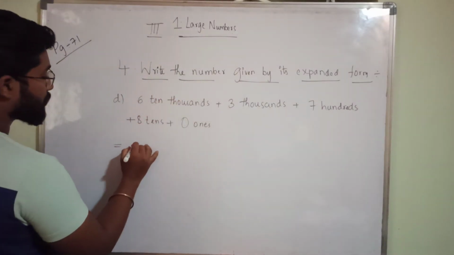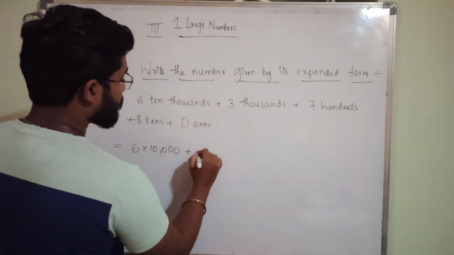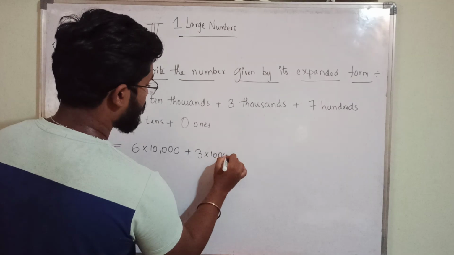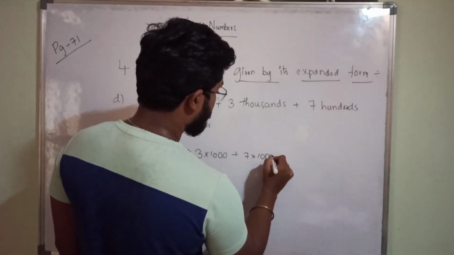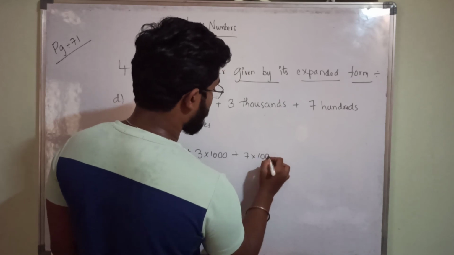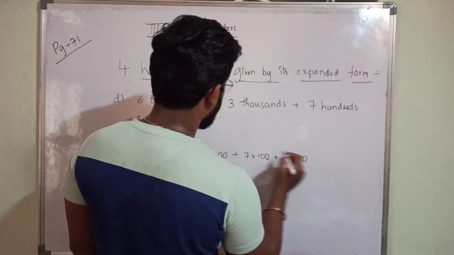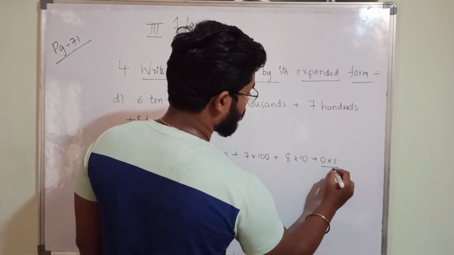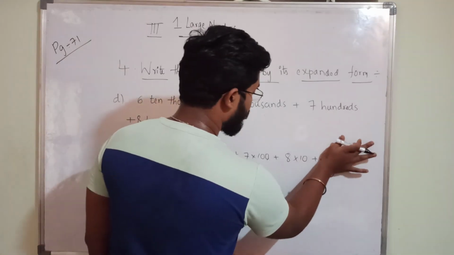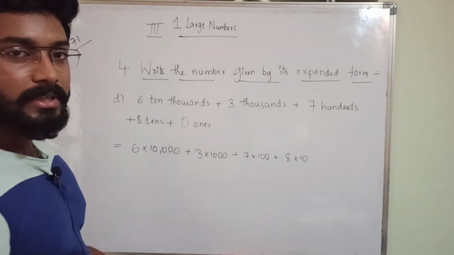6 ten thousands means 6 into 10,000. 3 thousands means 3 into 1,000. 700s means 7 into 100. Plus 8 into 10, since 8 tens means 8 into 10. Plus 0 into 1 means 0, so no need to write this. 0 ones means 0 into something is always 0.